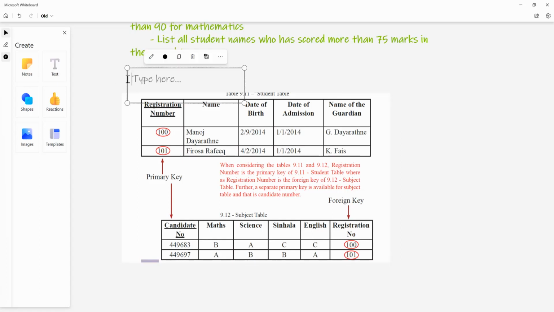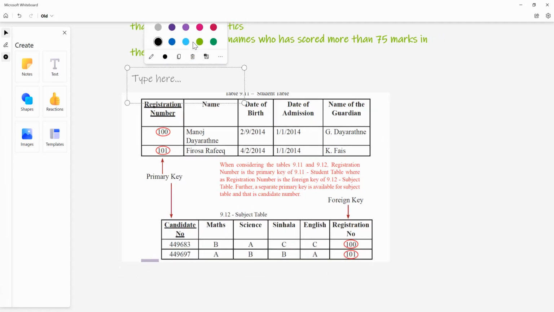Exercise. I want you to do this. Using tables 9.11 and 9.12 from the textbook, answer the following.